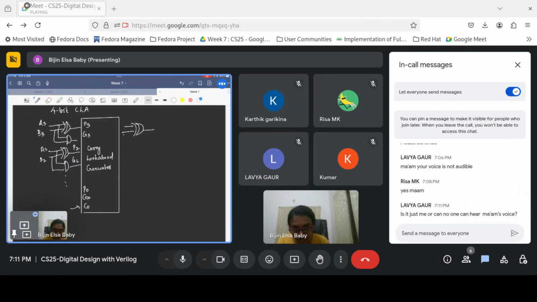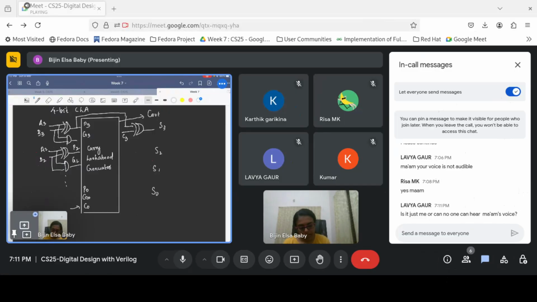This C3 should come like this. So S3, S2, S1, S0, and you will have a carry out. So this is the carry lookahead generator.